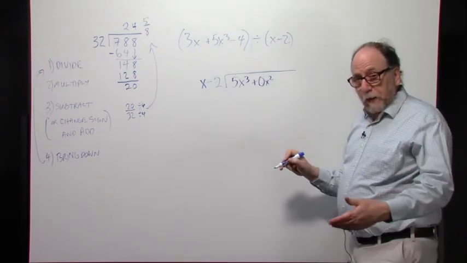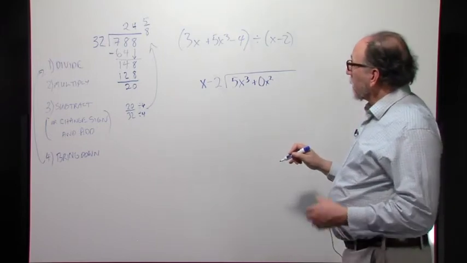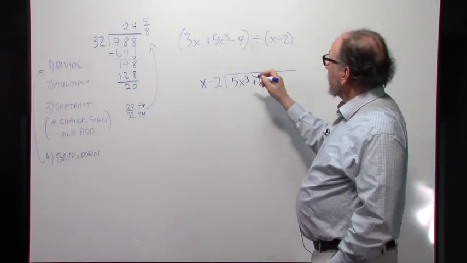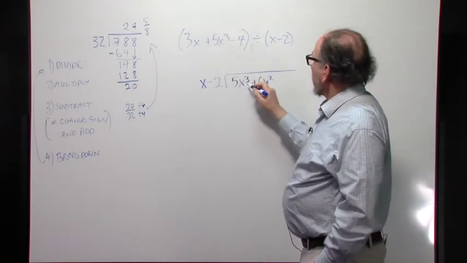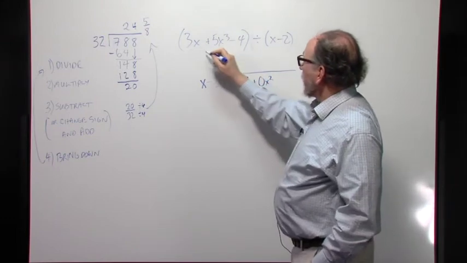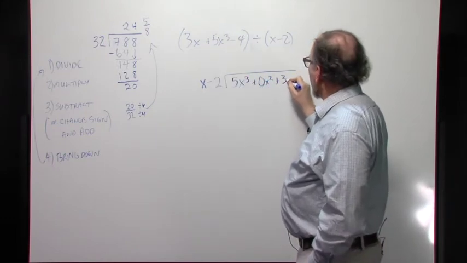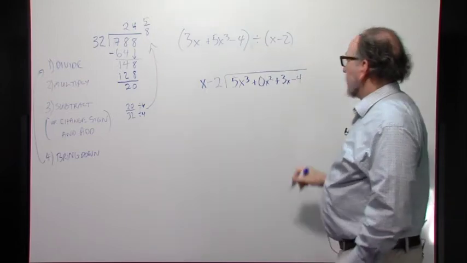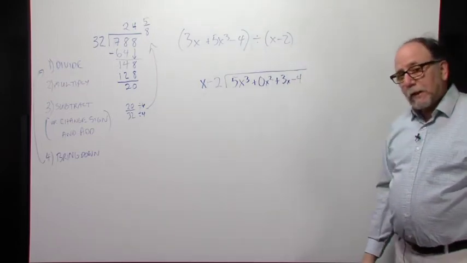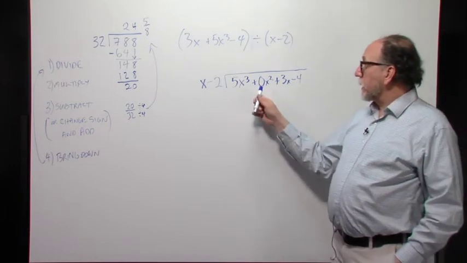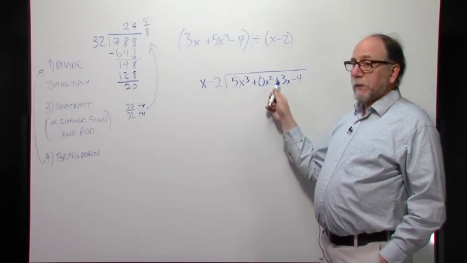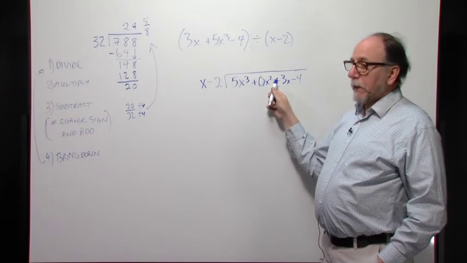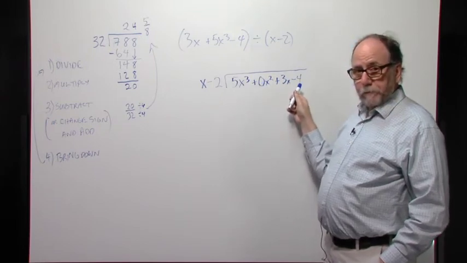And that'll be evident why that needs to be there as we move along. And then the next term, we've got cubed, squared, first power would be this 3x term. And then the last one is the constant term, minus 4. So that's how we set that up. Be really careful to put in zeros for any power that's missing and have those powers go down by 1 each time. Okay?